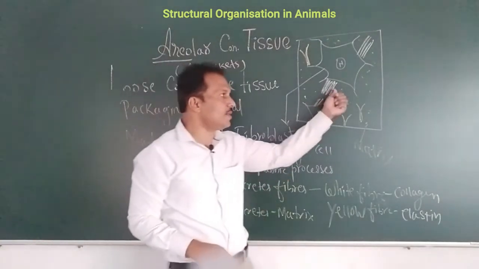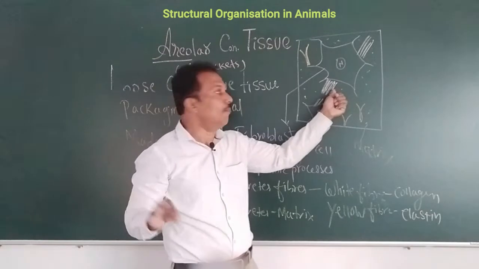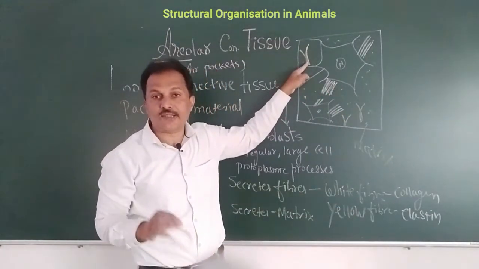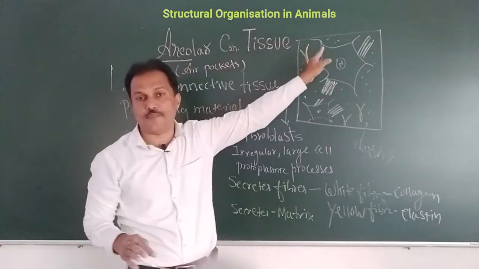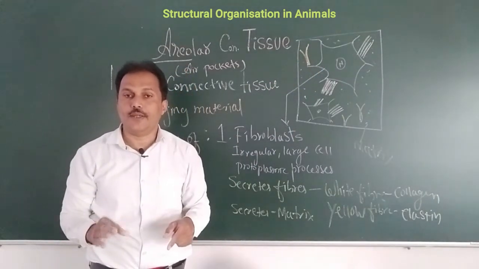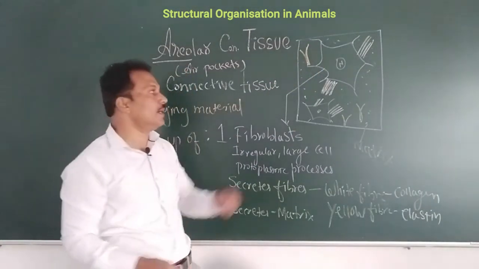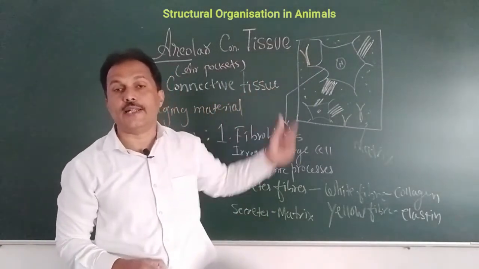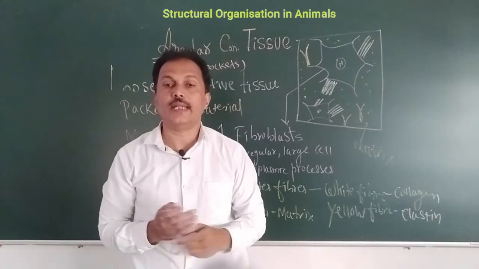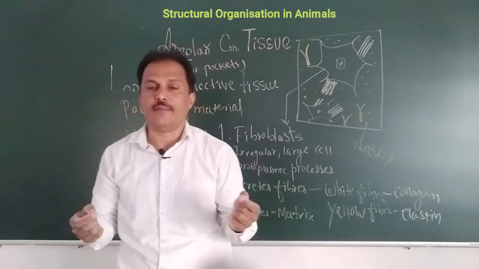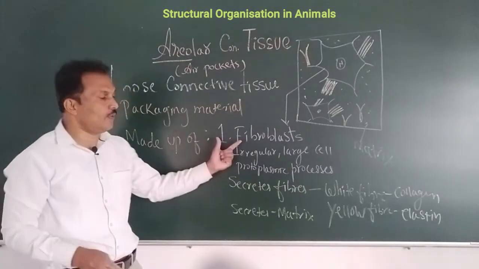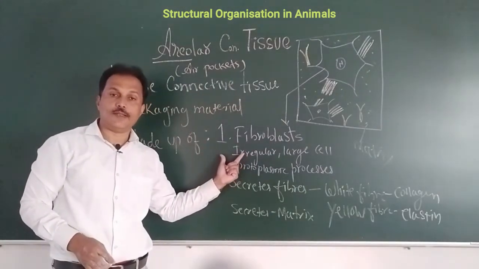Whereas collagen fibers are unbranched, elastin fibers are yellow in color, appear singly and are branched. So these are the two types. Elastin fiber provides elasticity to the areolar connective tissue. So this is the first type of cell that is present.